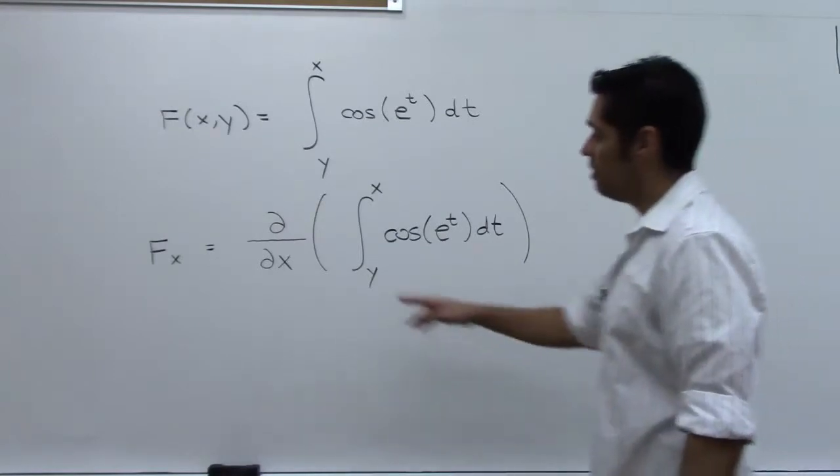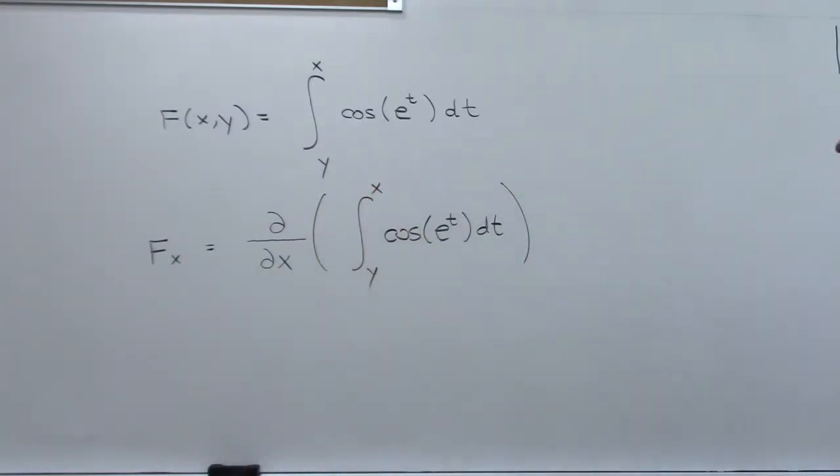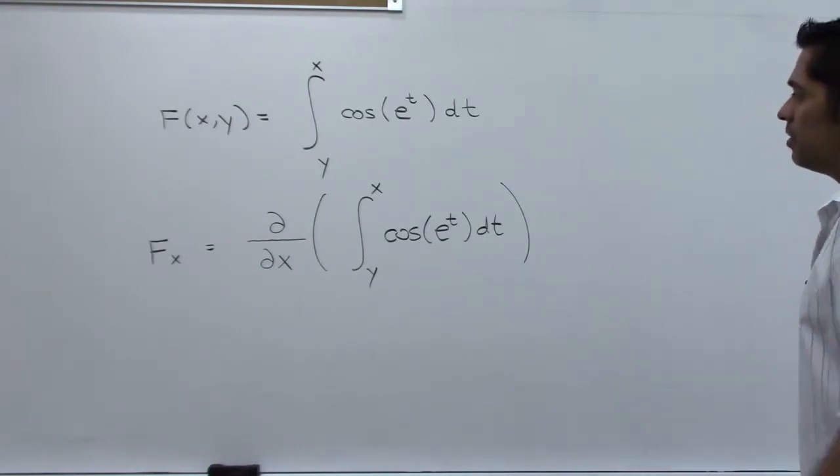Now, I'm treating x as if it's a variable. I'm treating y as if it's a constant. So how can I get you to see this?